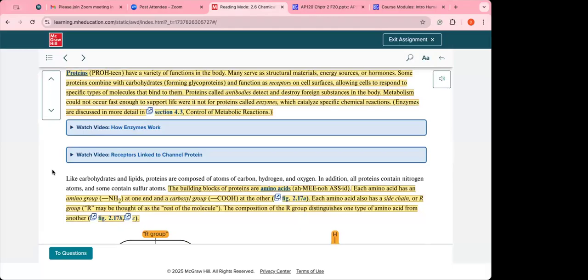So if you look down under the blue, it says like carbohydrates and lipids, proteins are composed of atoms of carbon, hydrogen, and oxygen. In addition, all proteins contain nitrogen atoms and some sulfur atoms. The building blocks of proteins are amino acids. Each amino acid has an amino group at one end and a carboxyl group at the other.